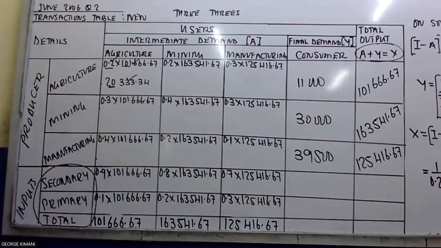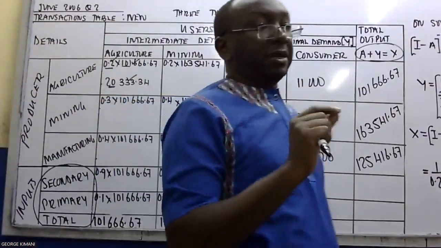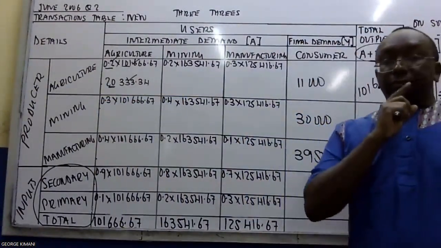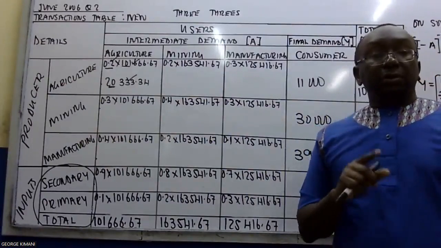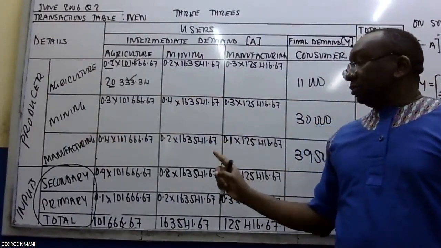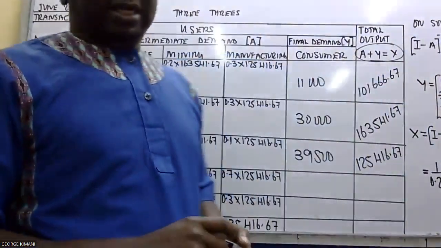Those 3 values: the secondary, the primary, and the total. Now, if you can understand this thing, the way we have gone forward and backward, then you can be able to handle any question on input output. So I'd like you to go and do the same thing with this question. And then after that, you do the questions that have been suggested there.